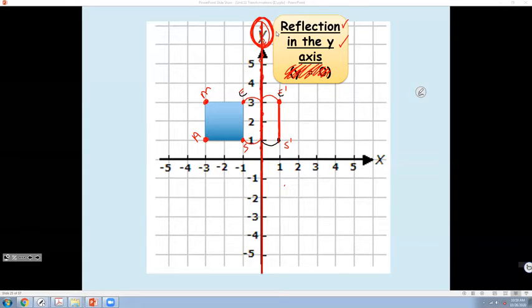A. How many units is A away from the mirror? Let's count it. 1, 2, 3. So that means the image of A will be 3 units on the opposite side of the mirror. Let's go: 1, 2, 3. It is here. Am I right?